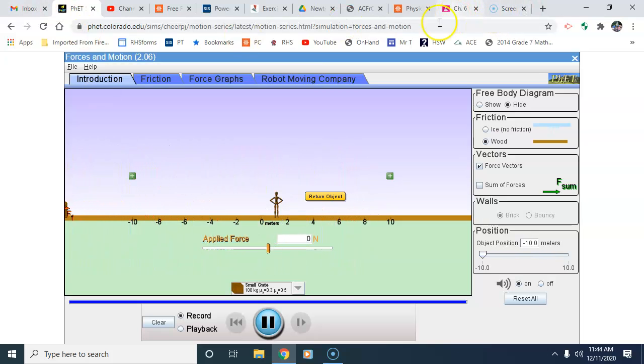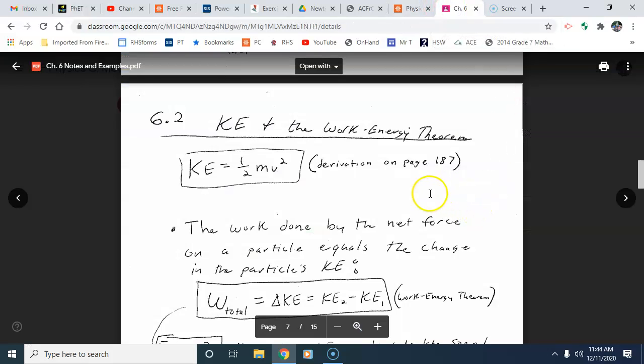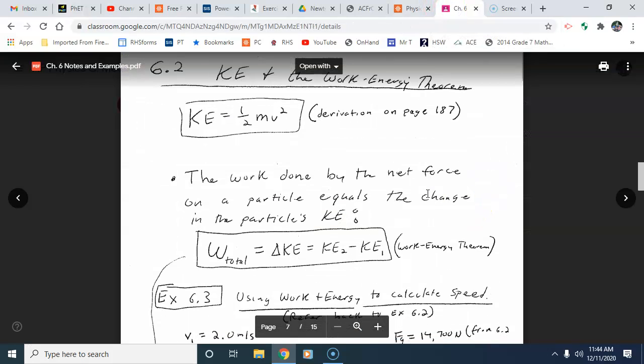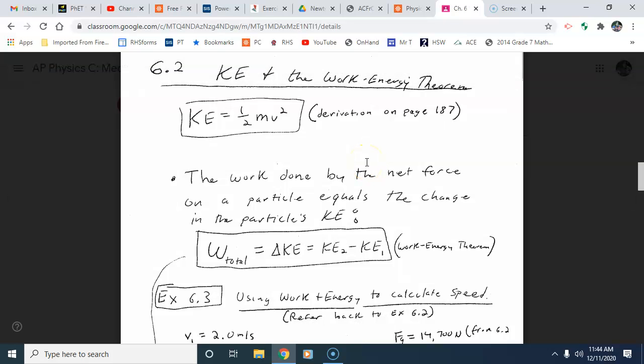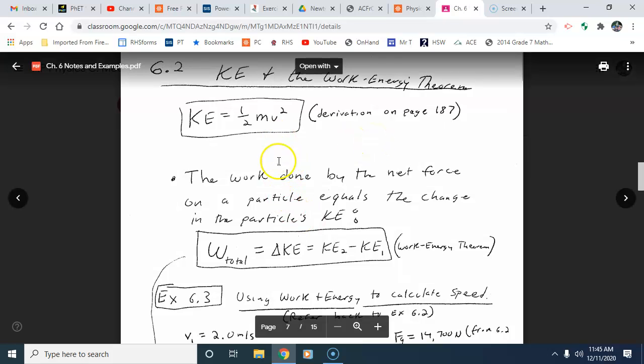In that case, it started with 0 KE because it was at rest.